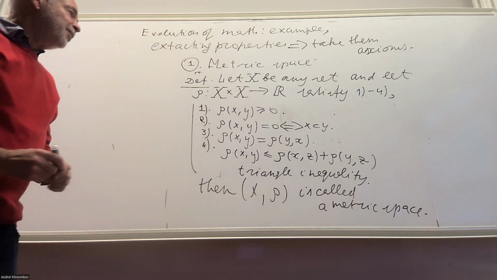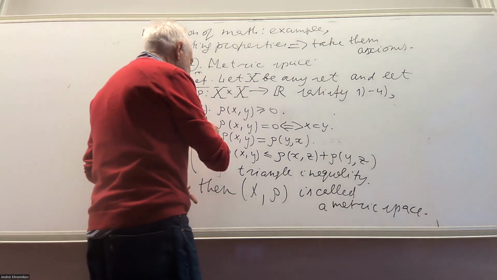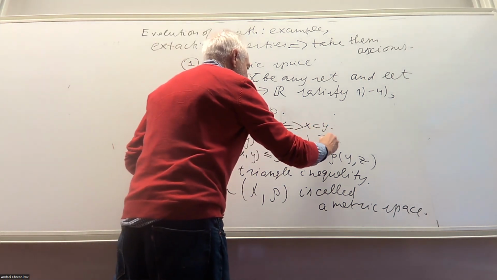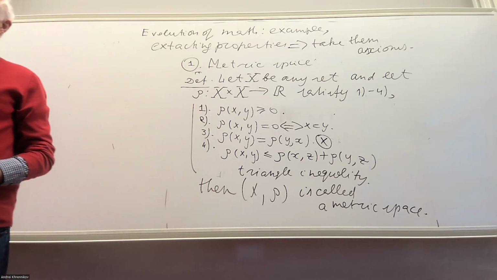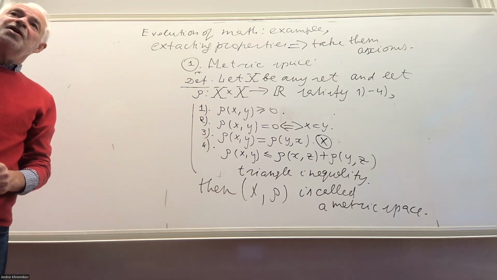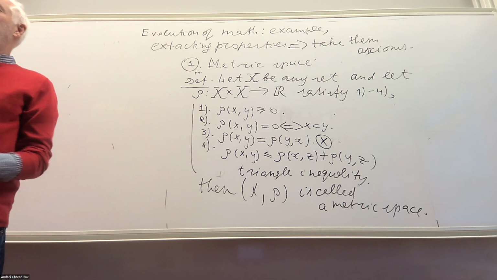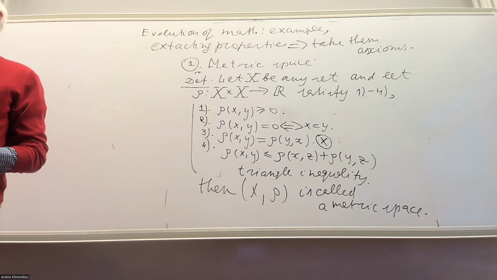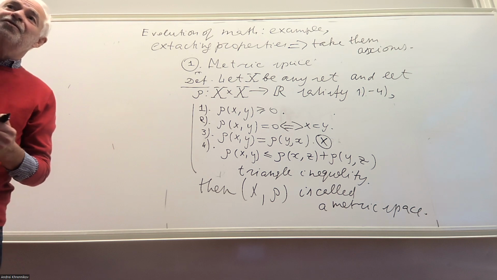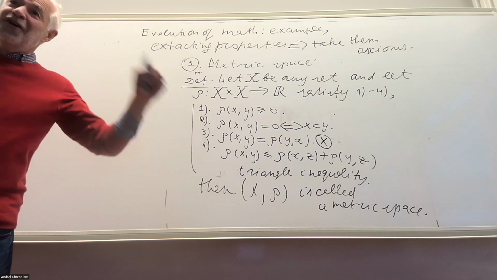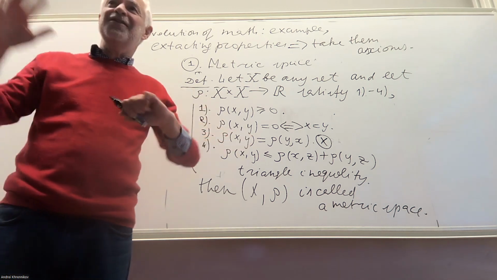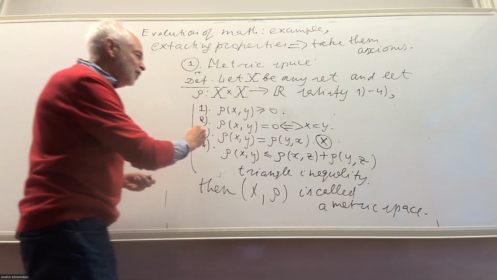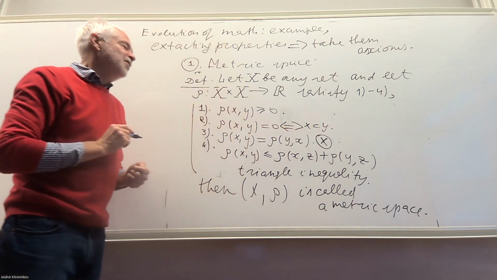We can take, for example, all axioms besides symmetry. So you get a non-symmetric distance, where the distance from A to B is not the same as from B to A. For example, people in social science use such distances. The distance from me to you is not the same as from you to me, at least in a hierarchical society. If society is democratic, the distance is symmetric. So you can forget about this.